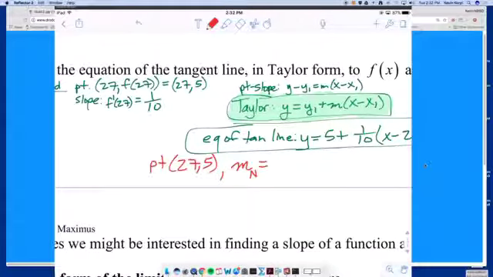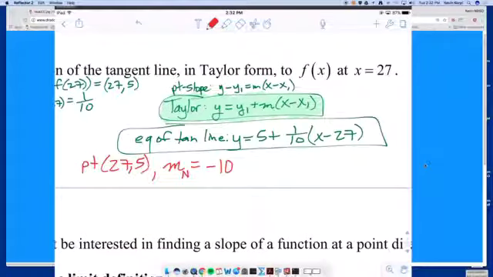If the tangent line slope is 1/10, negative 10. Right? It's the opposite sign and you flip it. Because it started positive, now it's negative. Because it was 1/10, now it's 10. And so here's the equation of the normal line right here. In Taylor form, it's y equals 5 minus 10 times x minus 27.